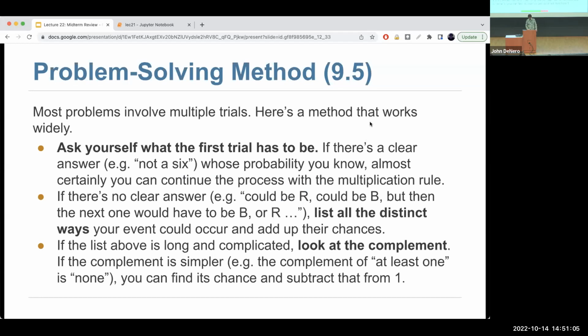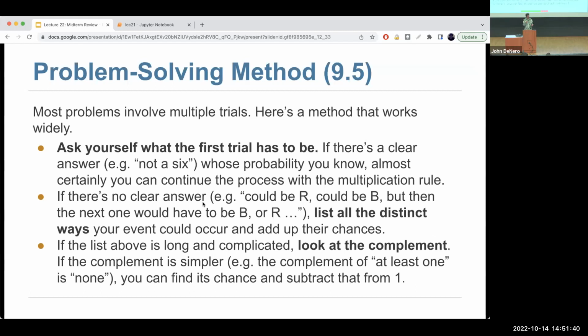Let's say we're rolling dice, and the event is everything came out a 6. You know the first trial had to be a 6. So if there's a clear answer for what happens first, whose probability you know, you can continue with the multiplication rule. Multiply in the chance of that first thing happening, and then multiply in the chance of the second trial.